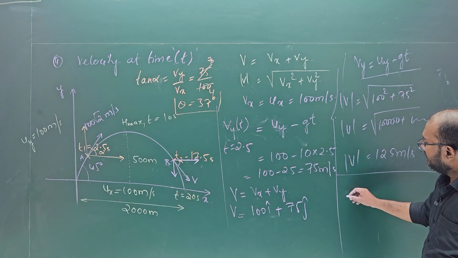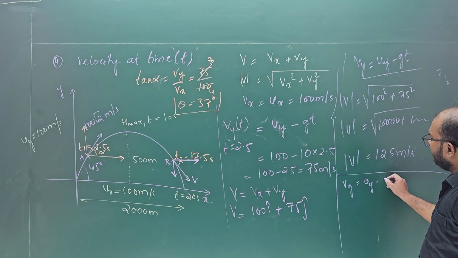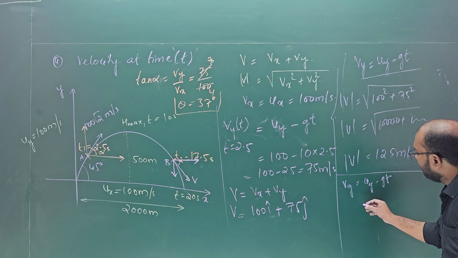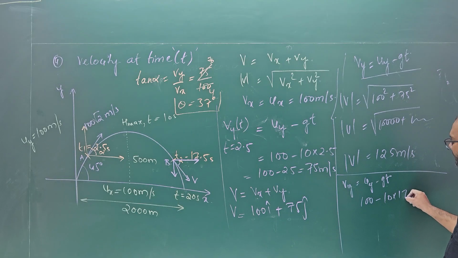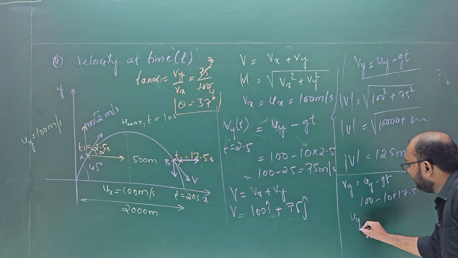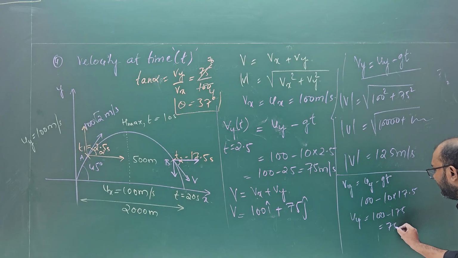So Vy is equal to Uy minus gt. Applying the same equation, initial velocity is 100 minus 10 times 17.5. Yes or no? And this becomes 175. If I substitute, Vy is equal to 100 minus 175, that is 75 with a negative sign.